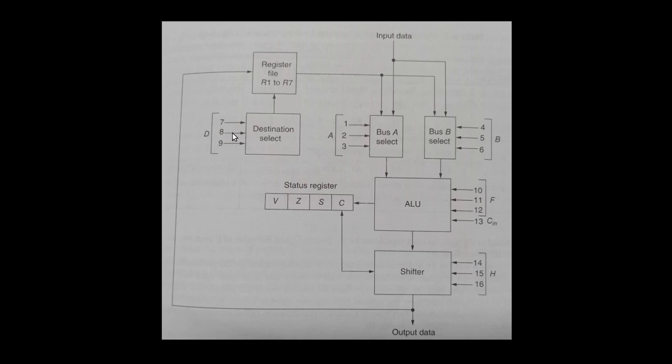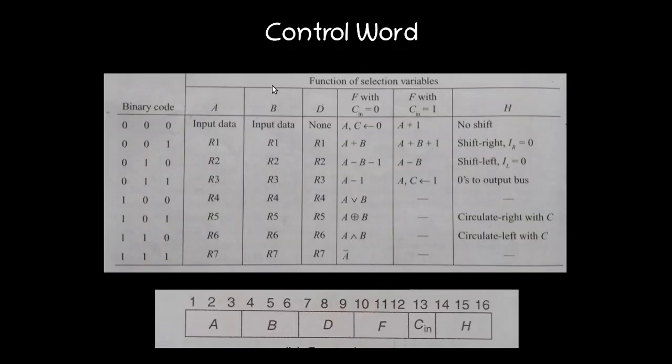If you are specifying 0 0 0, then no register will be selected, that is, we are not storing the result back into any register. If you are giving 0 0 1, then the result will be written into the R1 register. If you are giving 0 1 0, then the result will be written into the R2 register, like that. That is mentioned here: R1, R2, R3, up to R7.